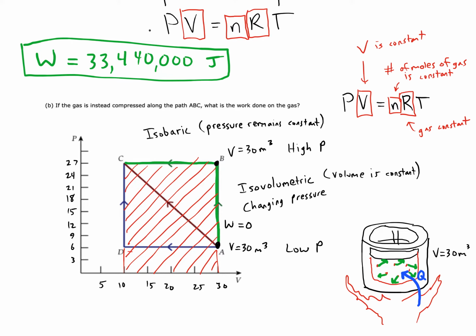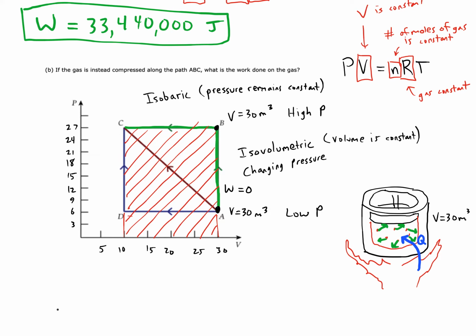And in fact, that's a formula for work. Work equals pressure times change in volume. It's similar to the work formula we had used before. We had force times displacement. We can also derive this formula of pressure times delta V as an expression of the work.